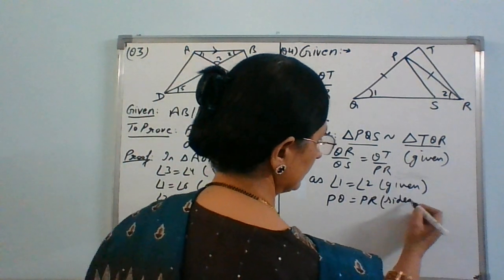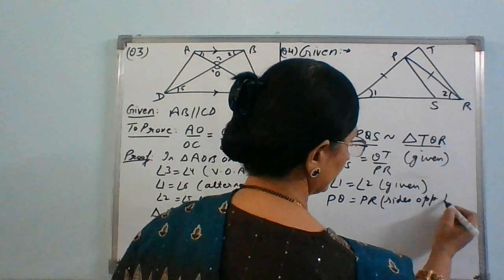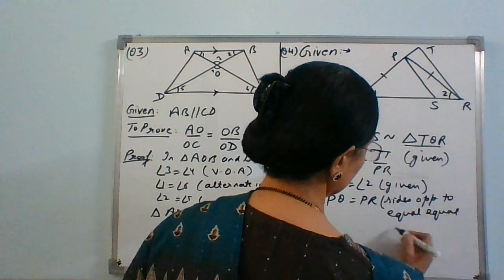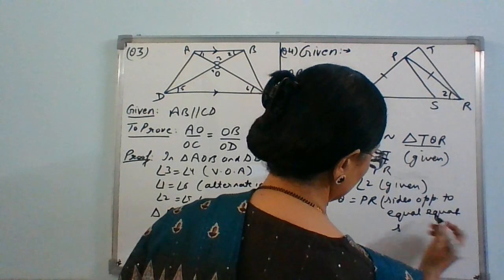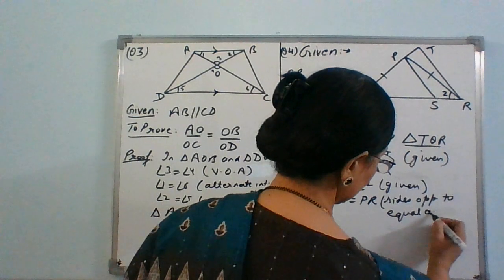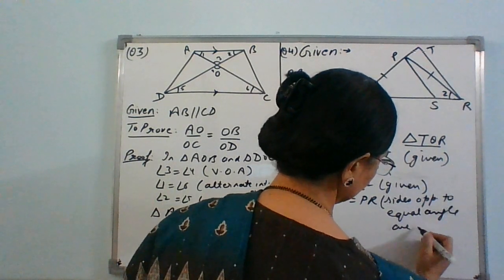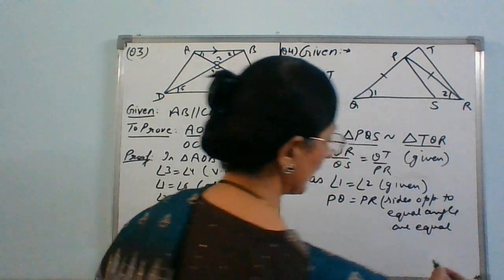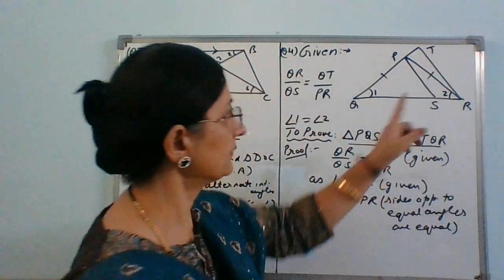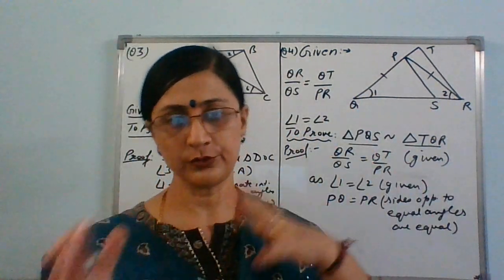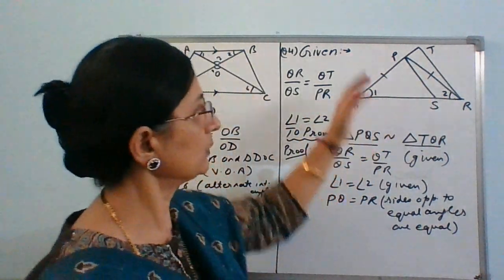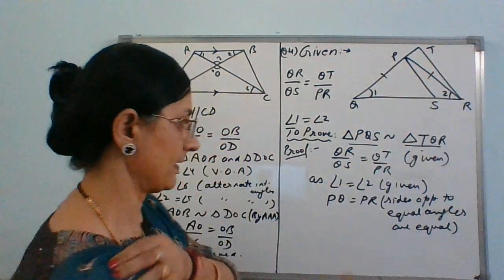The reason is sides opposite to equal angles are equal. So the two sides which are opposite to the equal angles are equal, right? Which angles are equal? 1 is equal to 2. The side opposite to 1 is PR. The side opposite to 2 is PQ. So PQ is equal to PR, right?